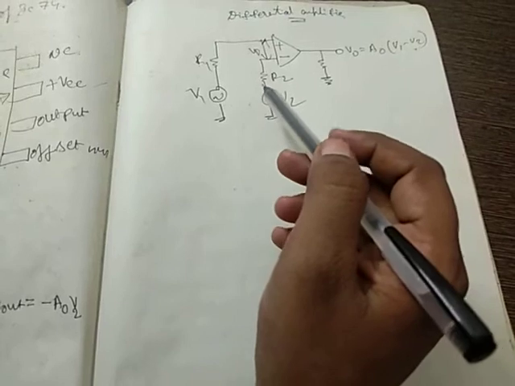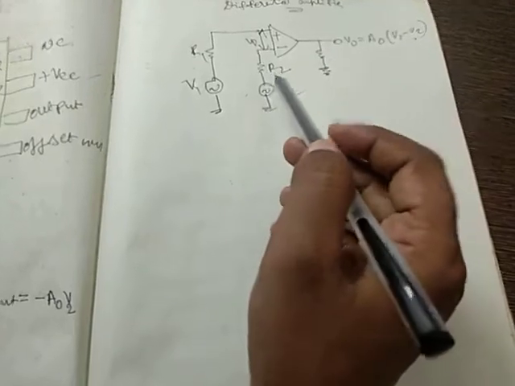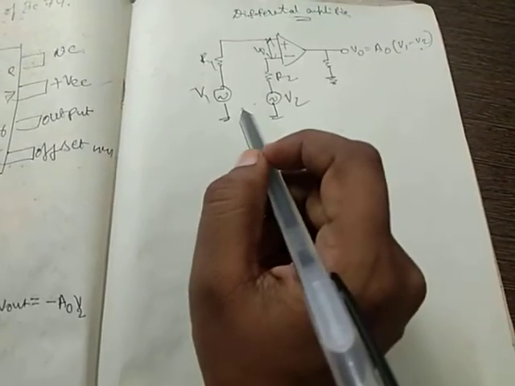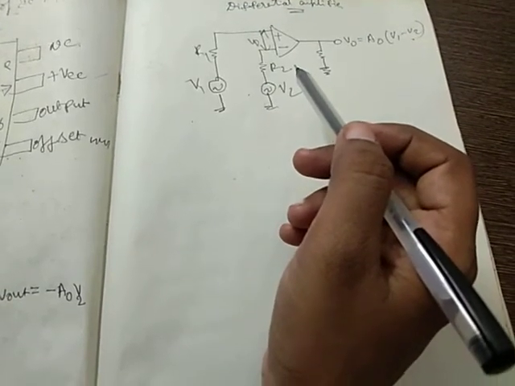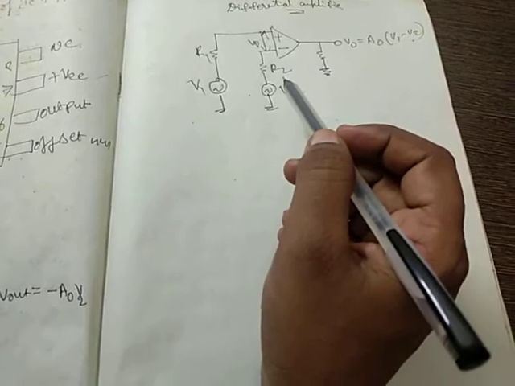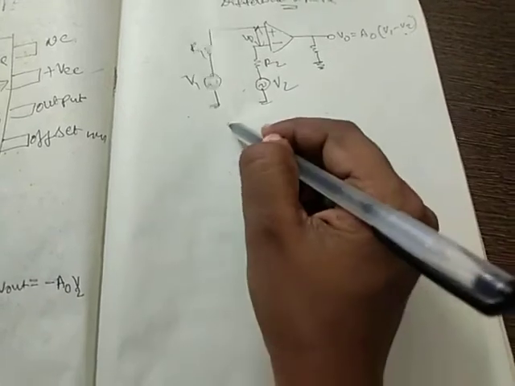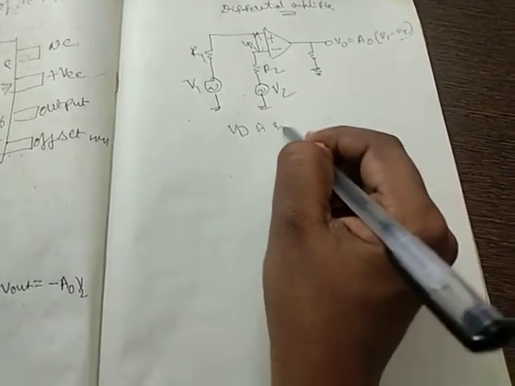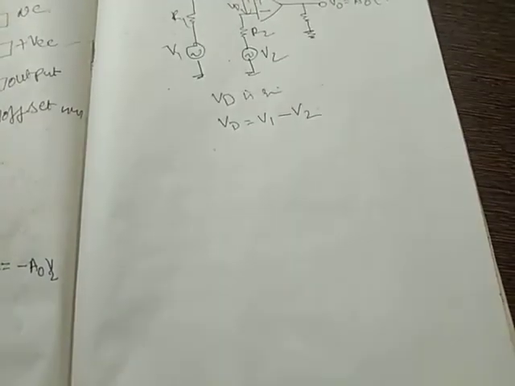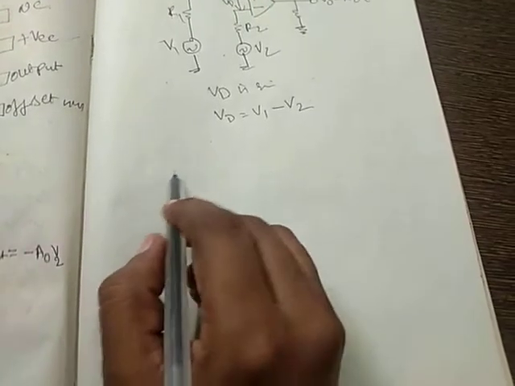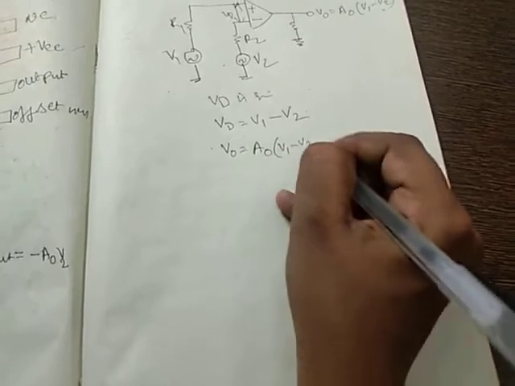The op amp amplifies AC and DC input signals, so V1 and V2 are either AC or DC voltages. R1 and R2 are source resistances which are negligibly small, so the voltage drop across R1 and R2 is considered to be 0. The difference voltage VD is given as VD equal to V1 minus V2. The output voltage V0 equal to A0 of V1 minus V2.